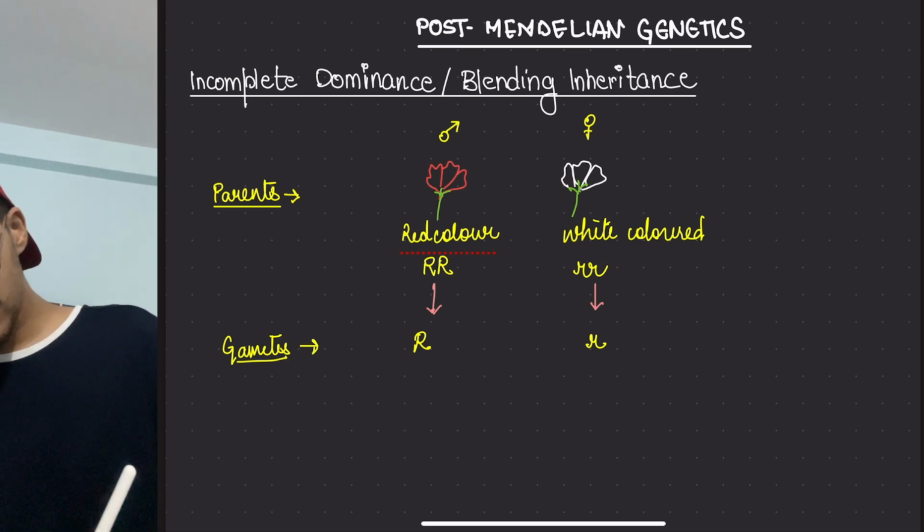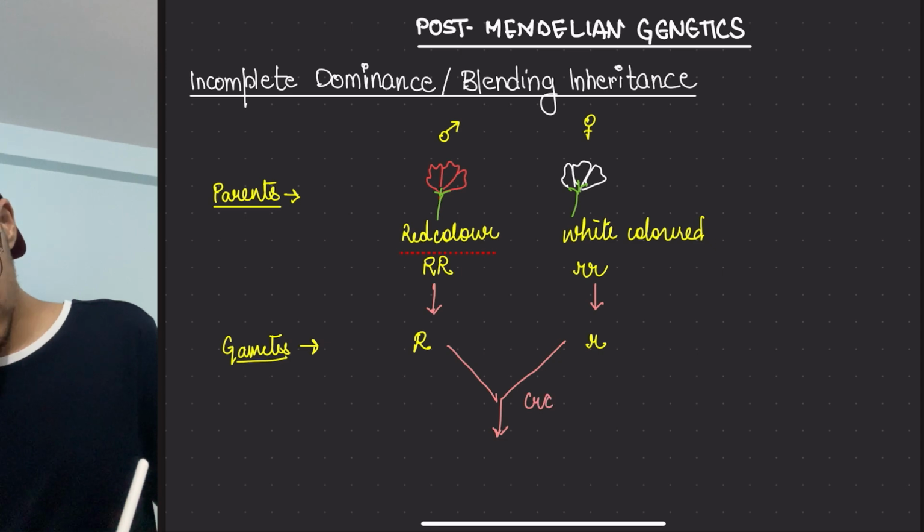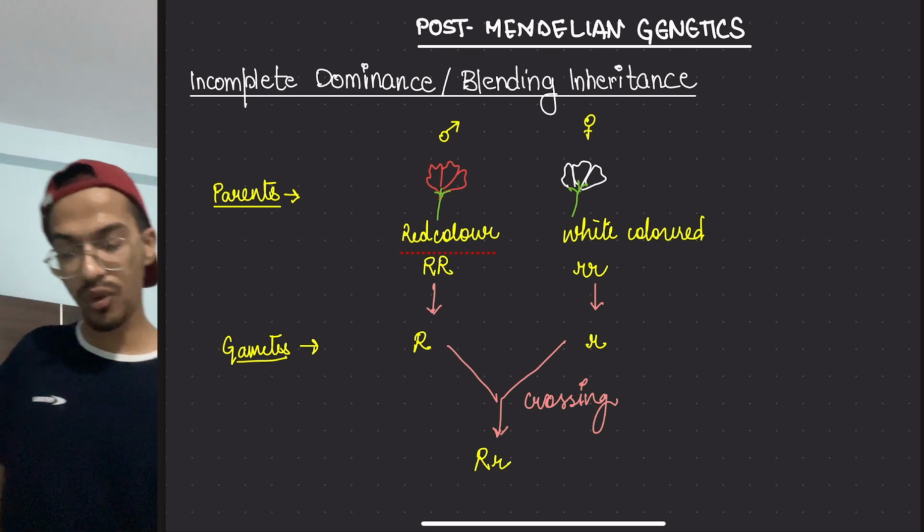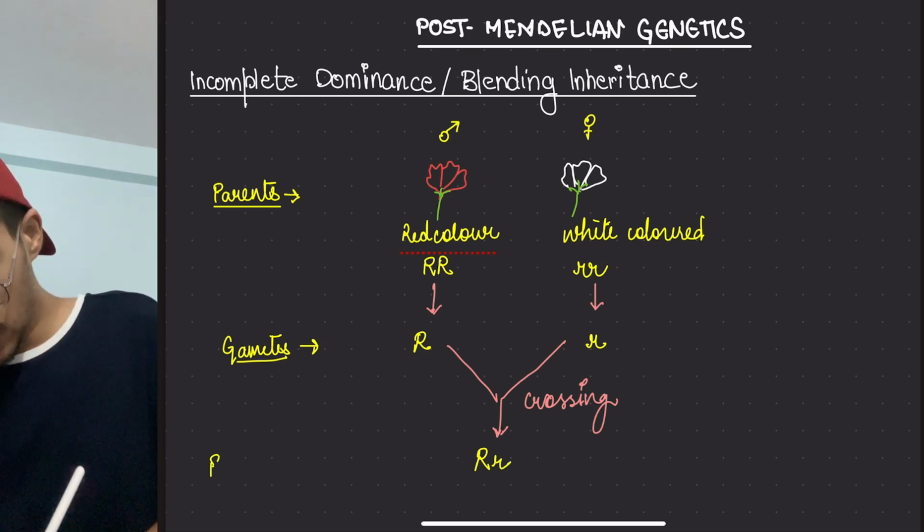Now these gametes will be crossed. When we do the crossing, what will happen? Capital R, small r. This would be the first zygote that forms, the F1 generation. So this is the F1 generation.